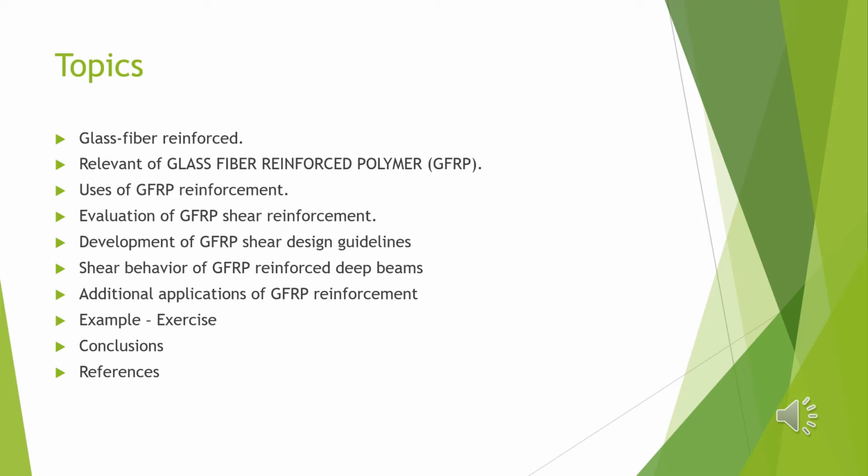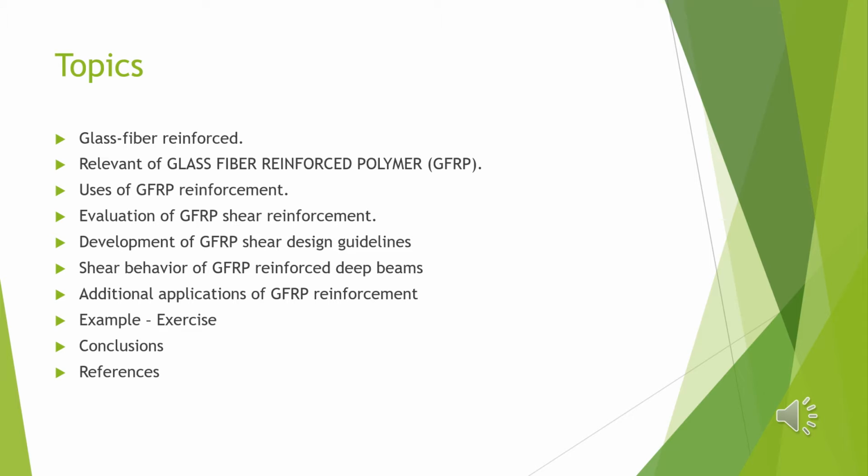Next, the principal topic is to explain what glass fiber reinforcement is. The second topic is the relevance of glass fiber reinforced polymers, in this case the inclusion of the polymers in these castings or elements.